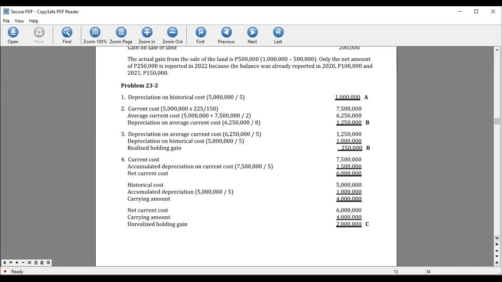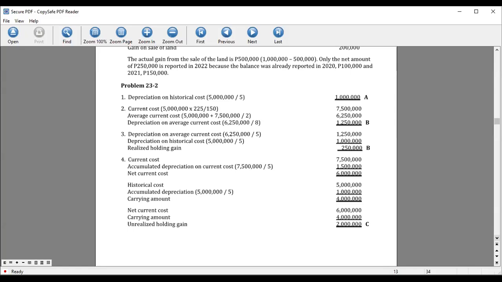The useful life of the equipment is 5 years with no residual value. So we divide the 5 million historical cost by 5, which is equal to 1 million. That's letter A.